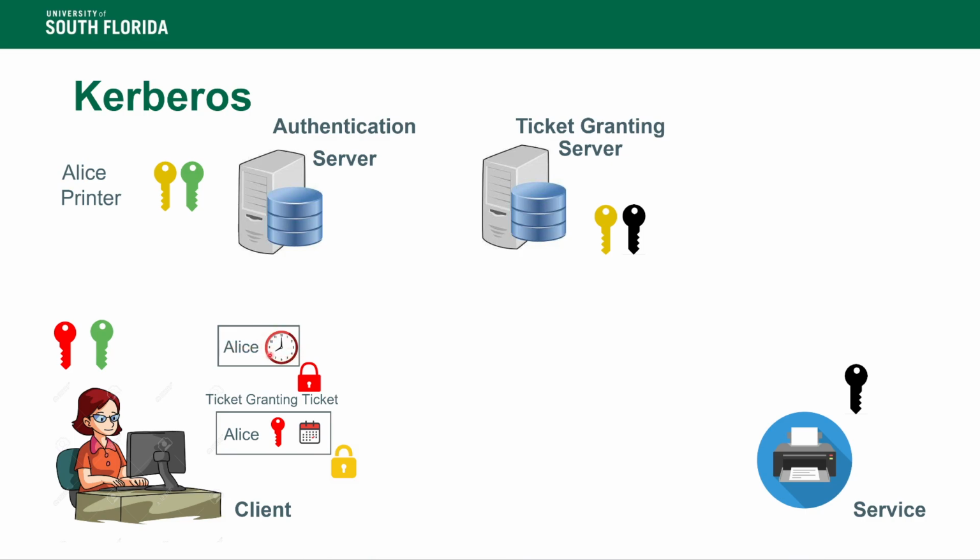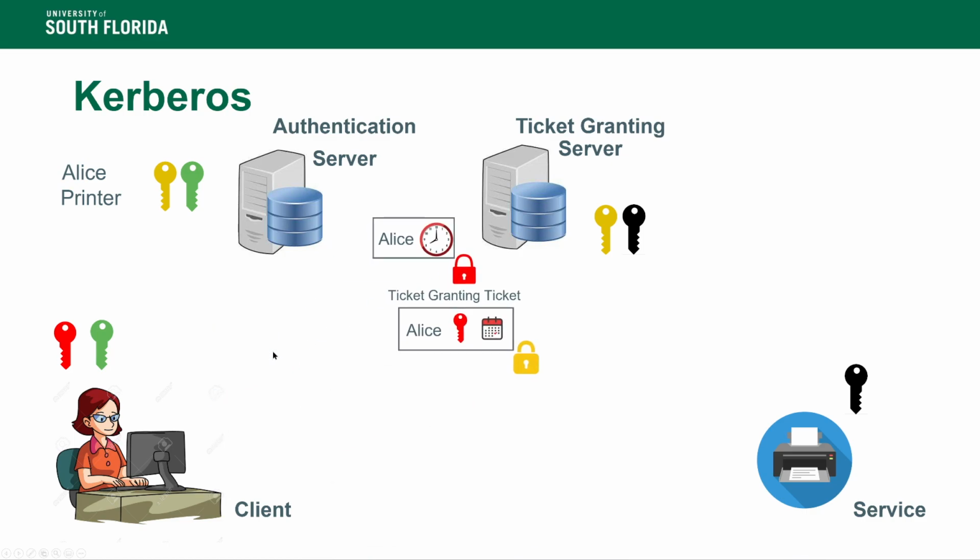Having time information in these communications prevents the key that is eventually created from being used in the future if it's been exposed. Now, those two messages get sent to the ticket granting server. Bear in mind, Alice has basically done nothing, just taken this ticket that was sent from the authentication server and sent it to the ticket granting server.